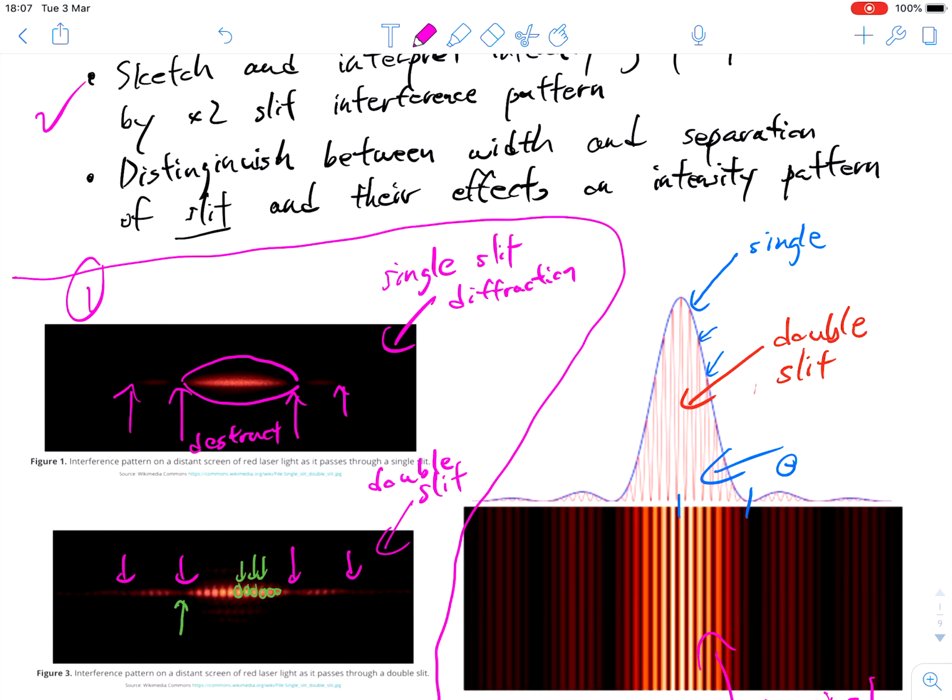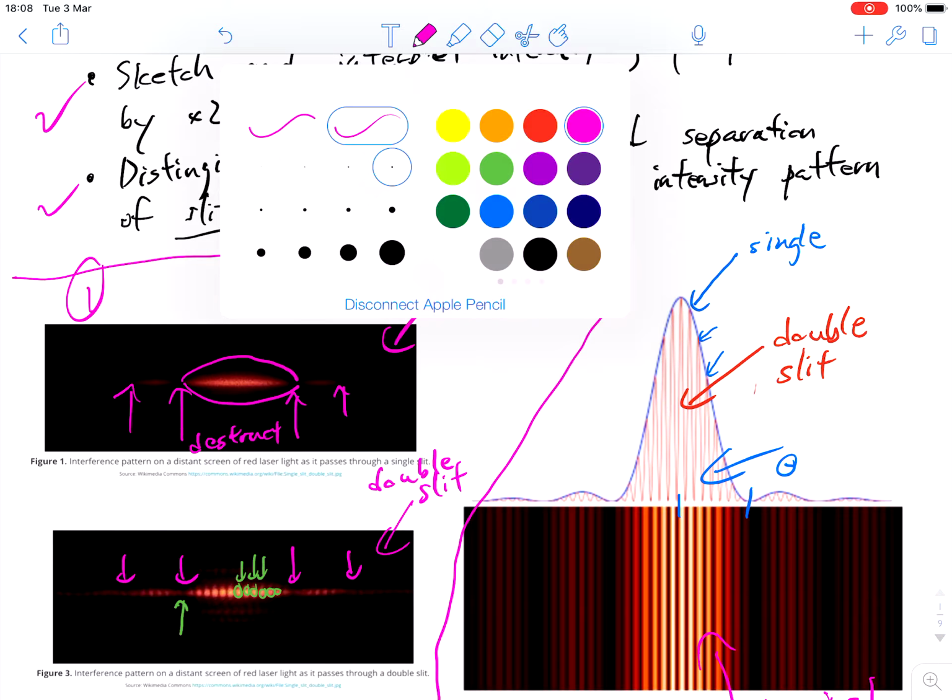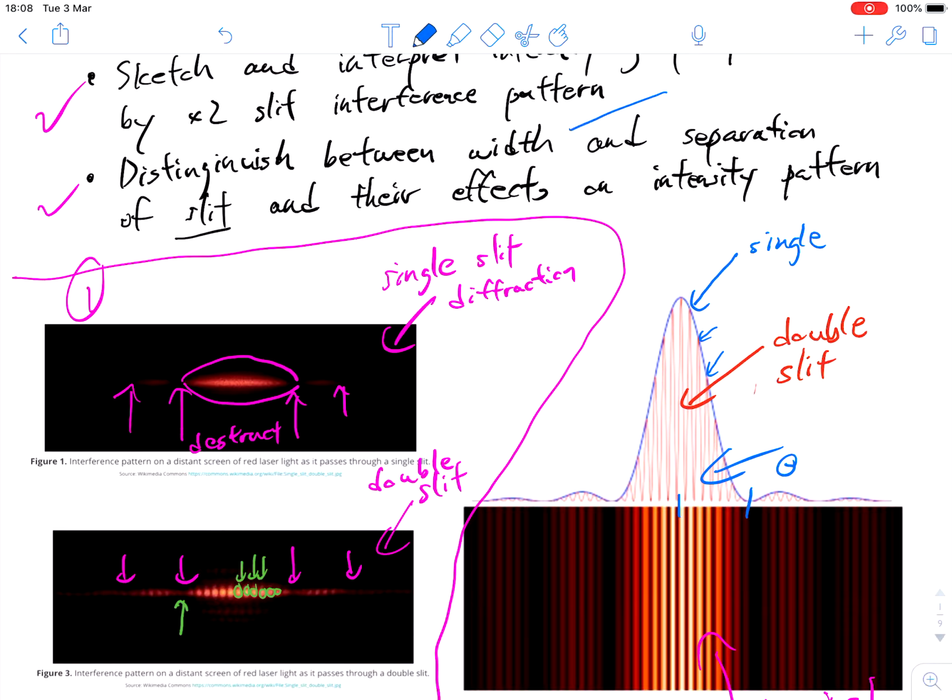Lastly, we want to distinguish between the width and the separation of the slit and their effects on the intensity. They sound very similar, but the width has to do with the single slit. Again, I'm going to use the color blue to represent that along with the graph.